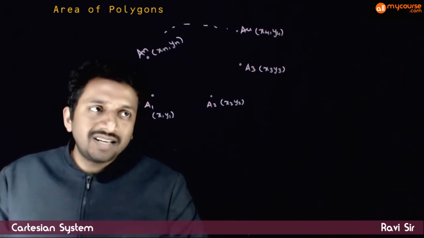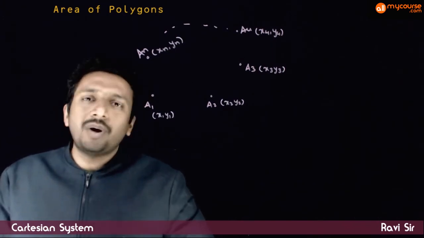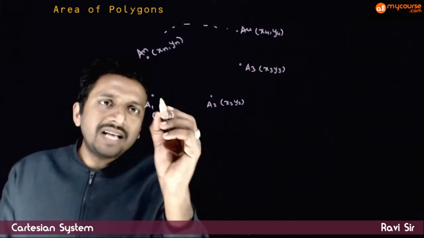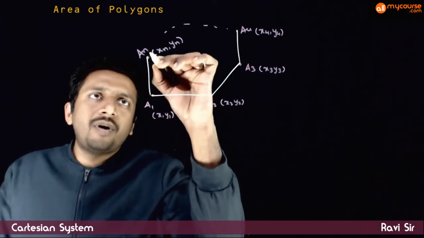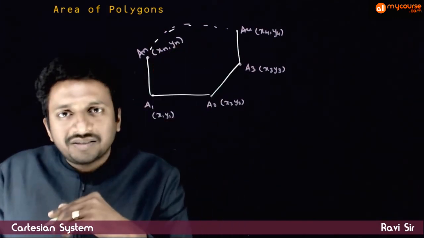So let us say that these are the n vertices of a polygon. Now you are asked to find the area of the polygon formed by these vertices.